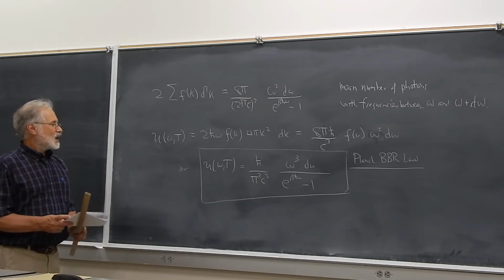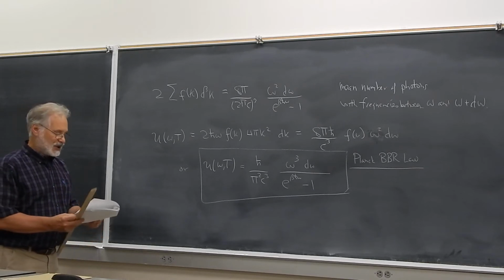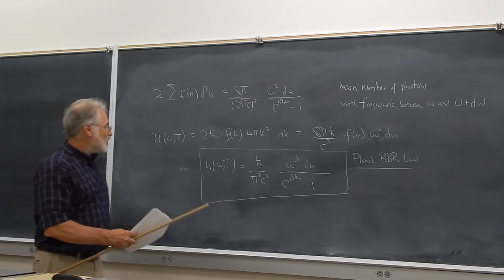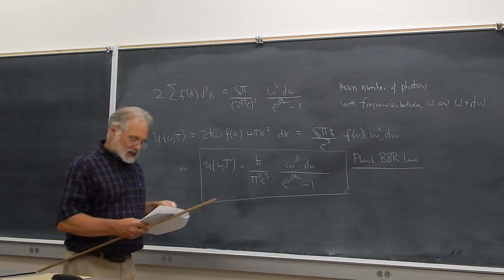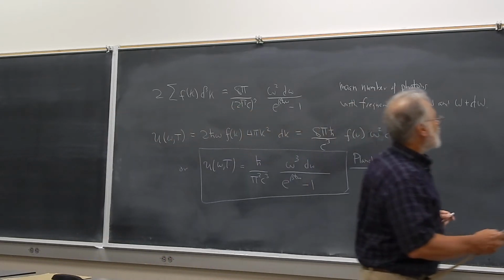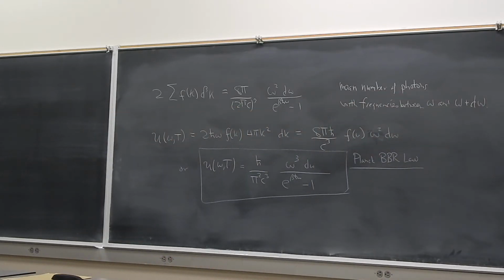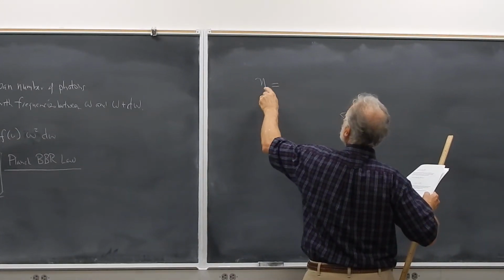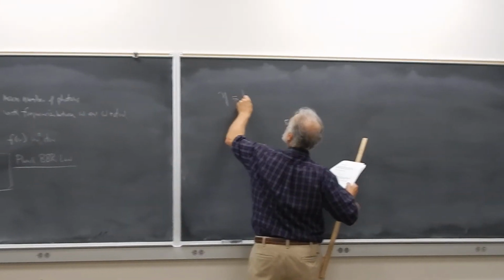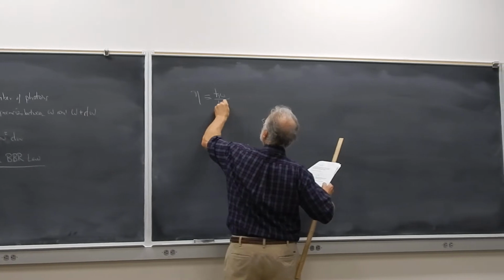Now, of course, what I would like to know is the total energy. So what I need to do is integrate this expression. The way we do that is to make a variable substitution. I'm going to define eta as h bar omega over kT.